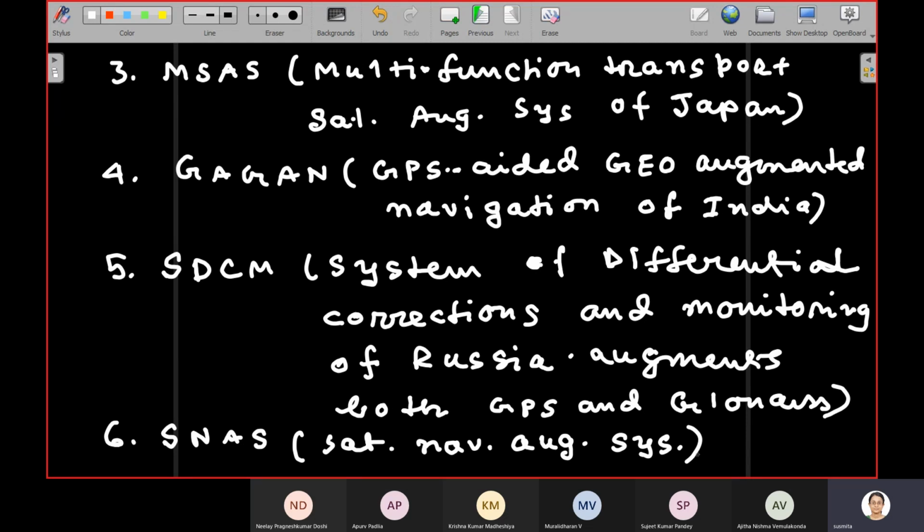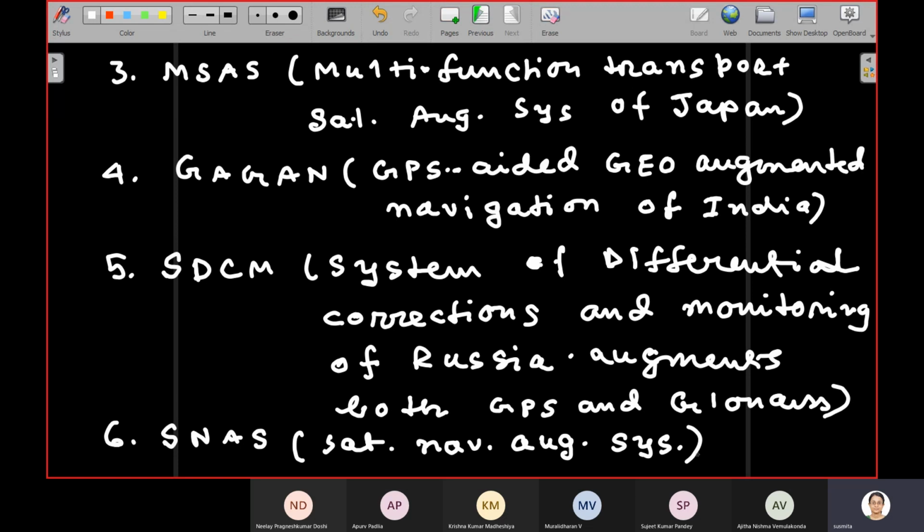Simply any receiver cannot be used. So SBAS receivers and the augmentation systems are designed in such a way that with a single SBAS receiver, the aircraft can receive signals seamlessly from one system to another.